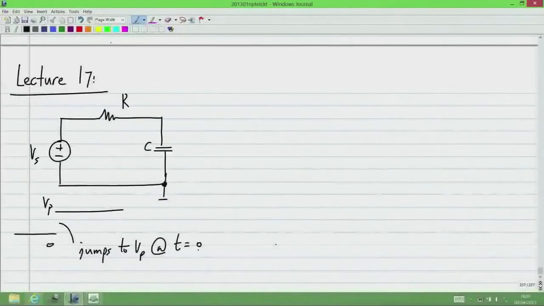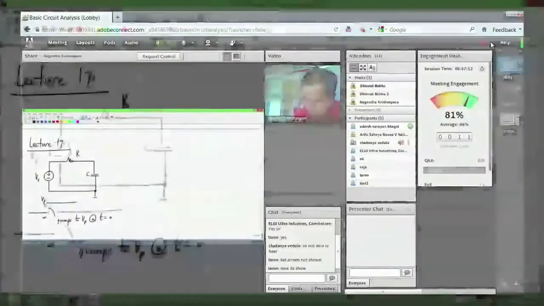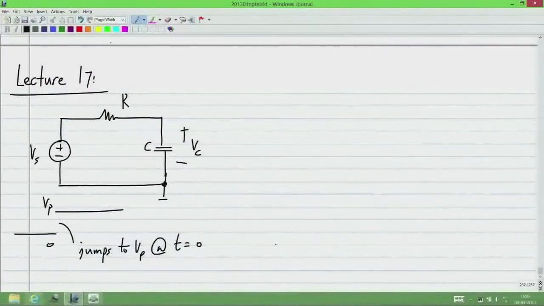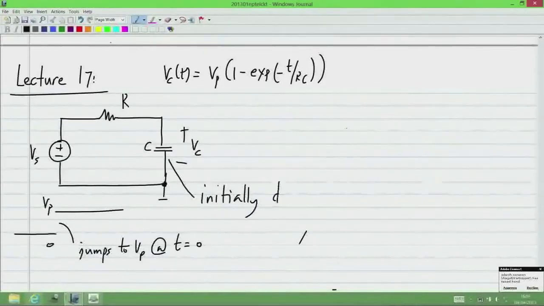Now, in this case, we saw that the capacitor voltage Vc is given by Vc of t equals Vp times 1 minus exponential minus t by RC. And the assumption of course was that the capacitor here is initially, that means for t less than 0, discharged. So this was what we got.